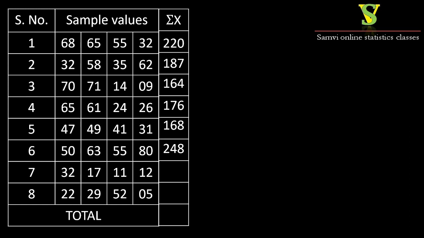Then 32 plus 17 plus 11 plus 12 gives 72. And 22 plus 29 plus 52 plus 5 gives 108.